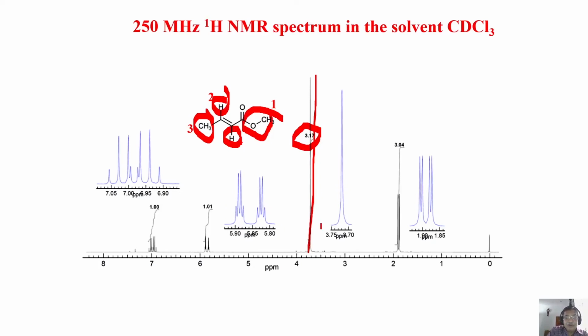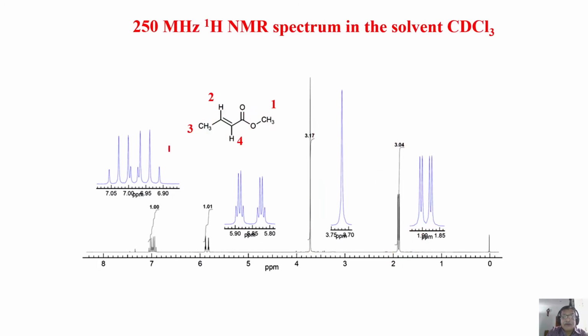But now, look at this in this high field region. You are seeing a spectrum with 4 lines of equal intensity. Why is this coming? What is this peak corresponding to? You simply look at this molecule, you will understand.